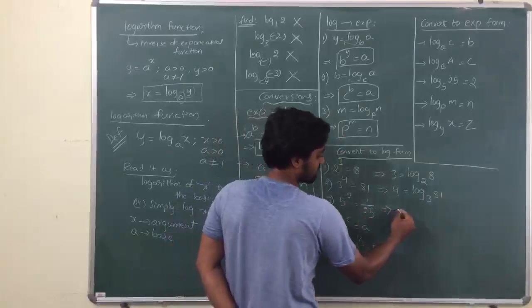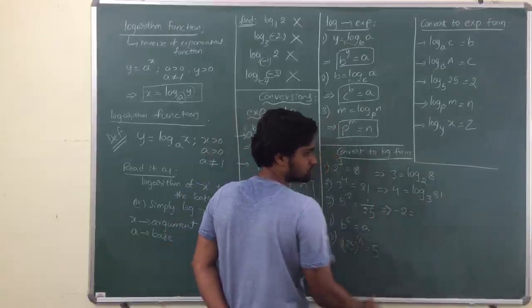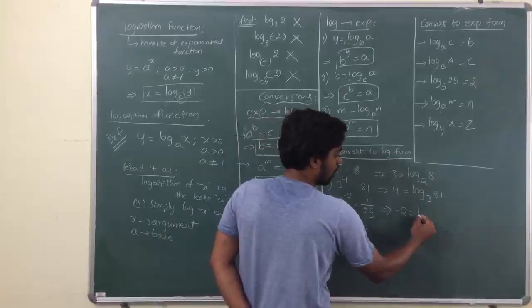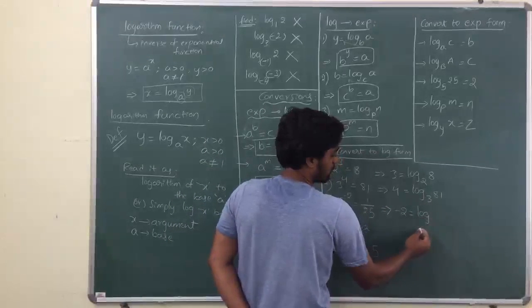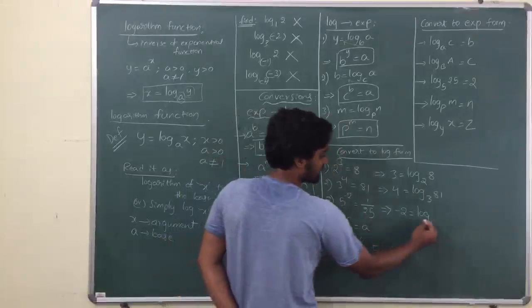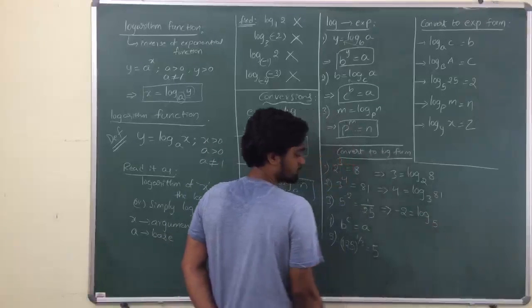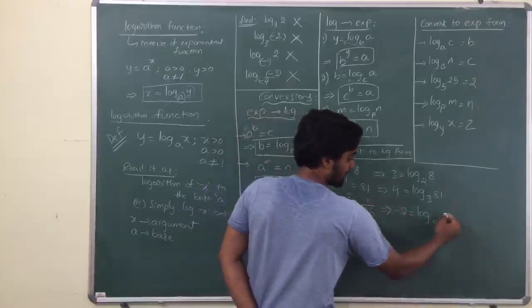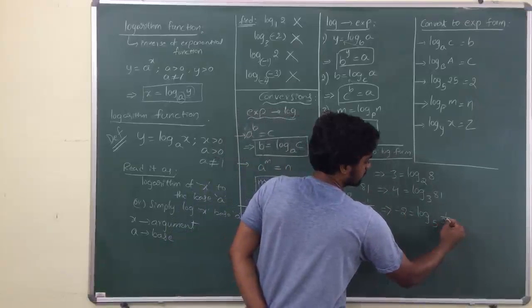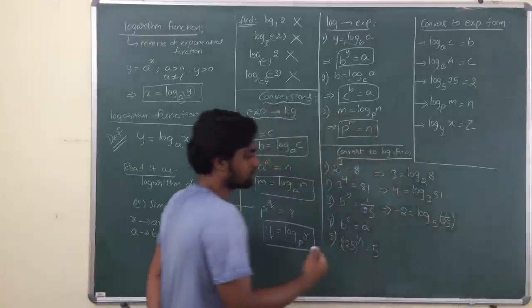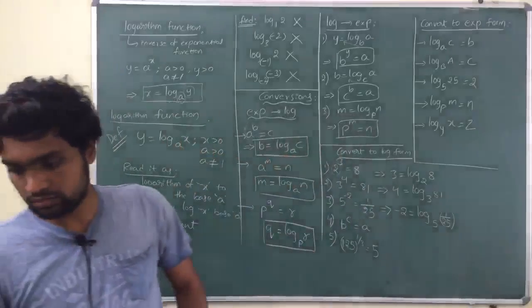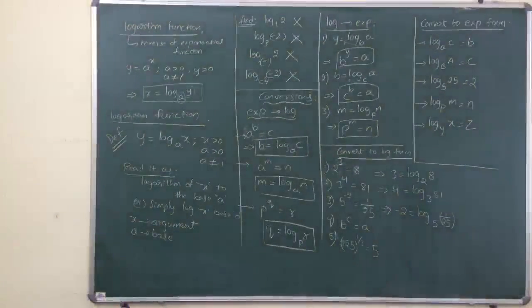What is the base? Minus 2 is equal to log of, what is the base? 5. What is left out? 1 by 25. Solve the remaining 2.